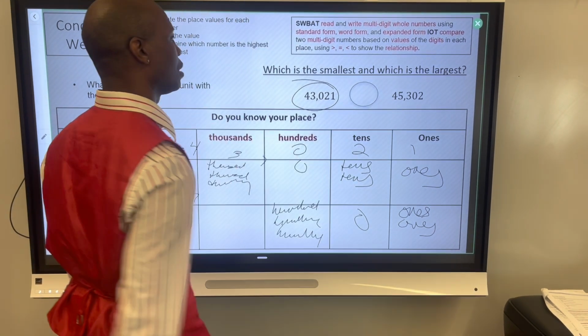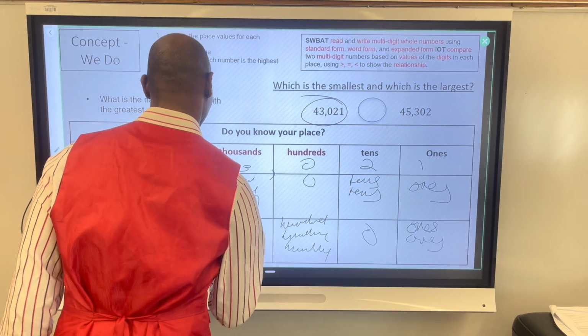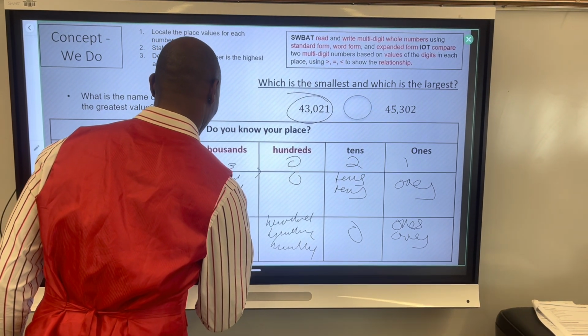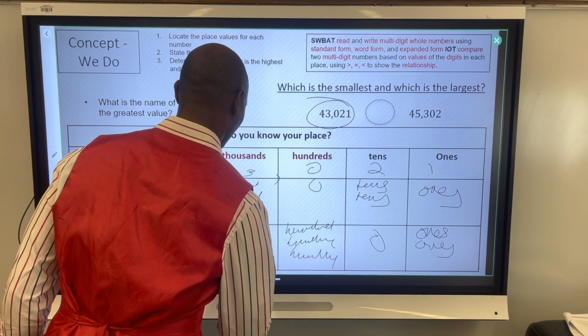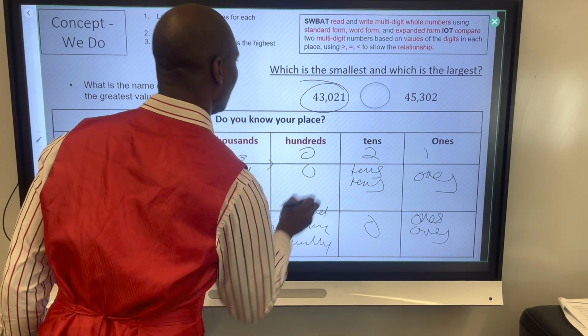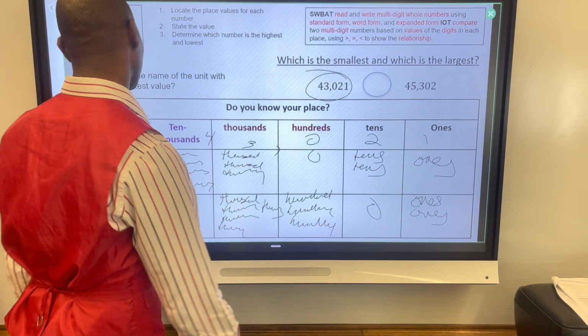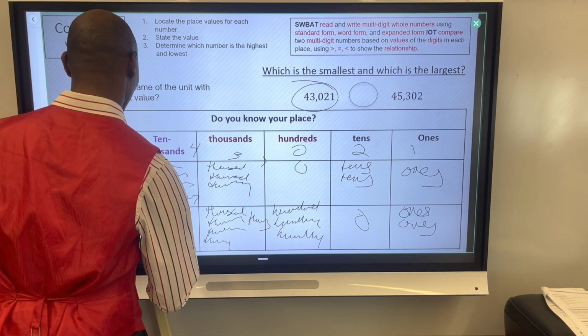I see a number in the thousands place. How many times would I write it? You write it 5 times. I would write it 5 times. I see a number in the 10,000s place. How many times would I write it? 4 times. Just like we did in the previous set.